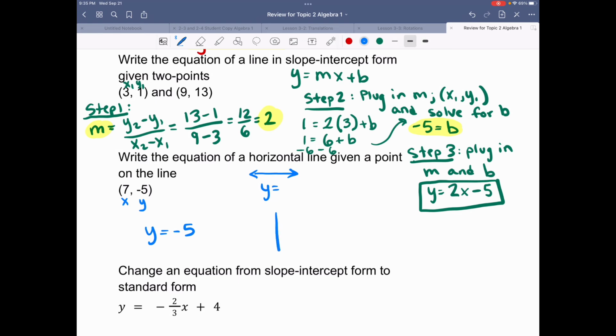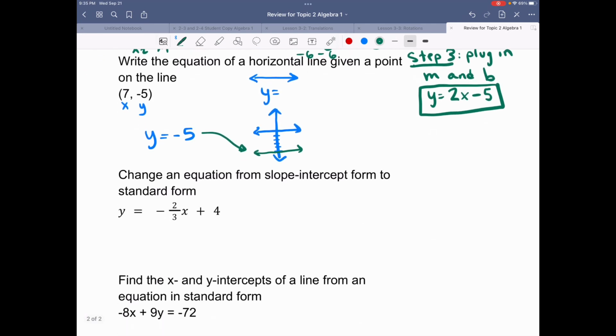And so if I were to graph this, I'd go down 5, and the graph of that would be going through -5. Okay? It didn't ask you to graph it, but that's just so that you can see what a horizontal line would look like.